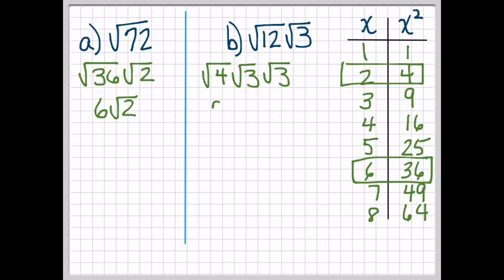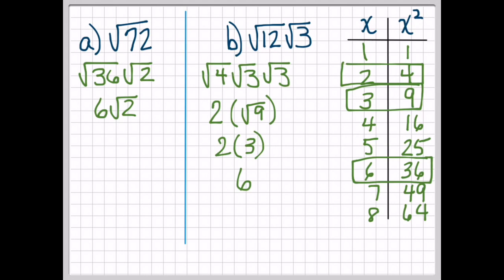Square root of 4 simplifies to 2. And now square root of 3 times square root of 3. Square root of 3 in itself is not a very nice number, but that becomes the square root of 9. And we know that the square root of 9 is 3. So now it's just multiplication, and we get 6.